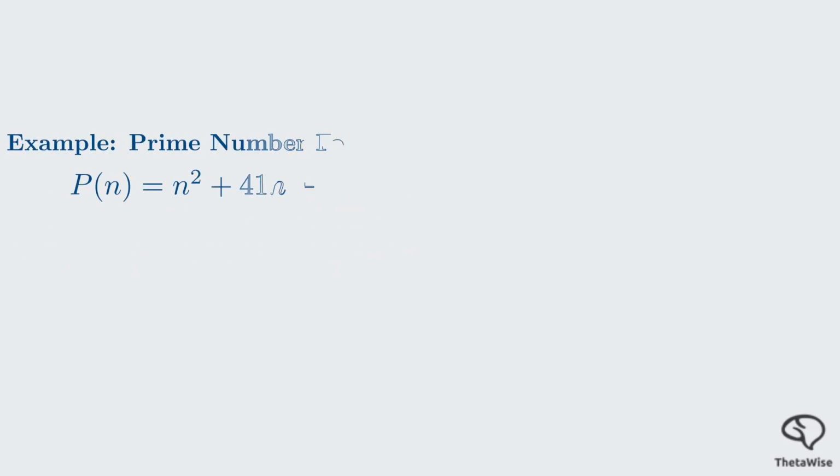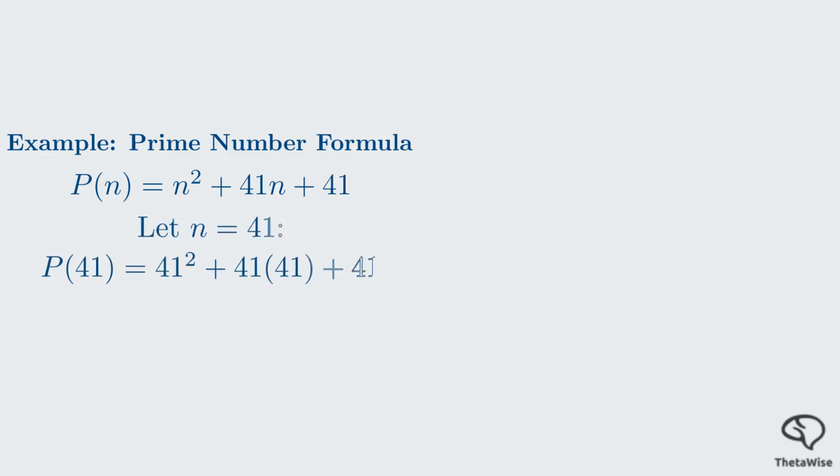Consider the claim that the expression n squared plus 41n plus 41 always produces a prime number for any natural number n. To test this, let's try a clever value for n. If we let n equal 41, the equation becomes p of 41 equals 41 squared plus 41 times 41 plus 41.